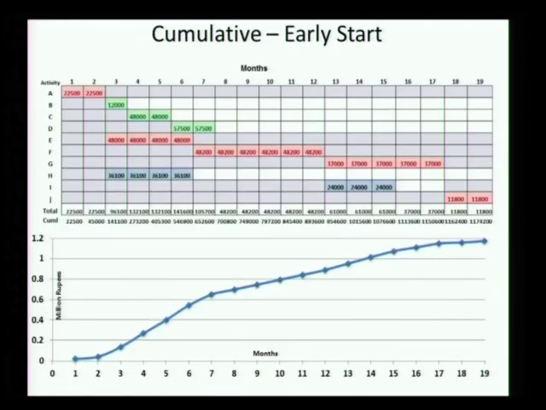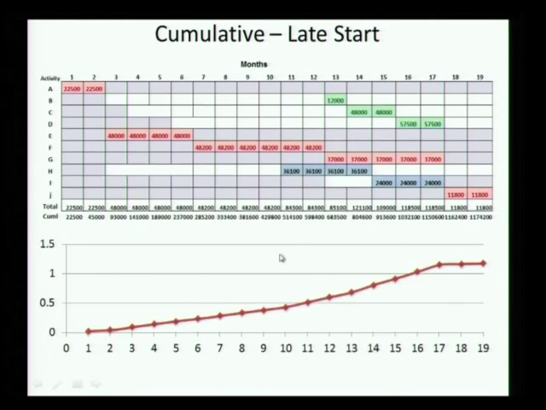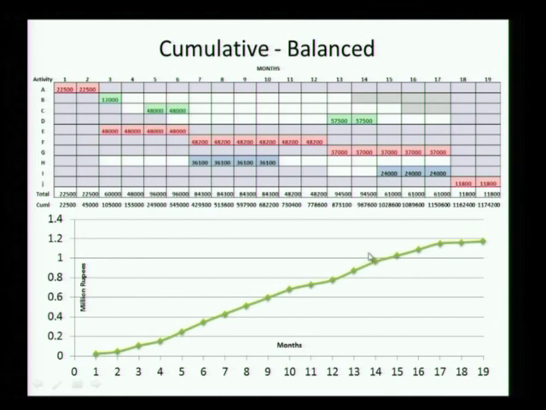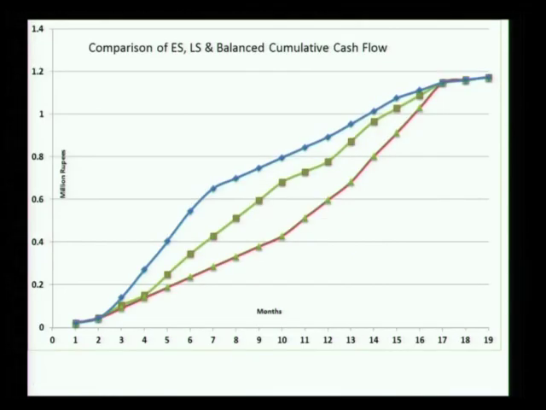Now what we have here is the cumulative S curve. This is for the early start, this is for the late start, and this is for the balanced solution which we got. If we put all 3 curves together, this is what we get.